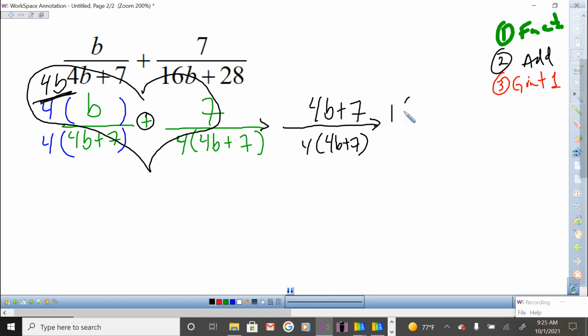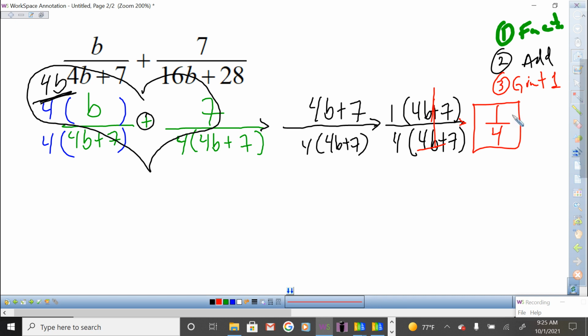So I'm going to write 1 times 4b plus 7. And why do we do that? So like your noodle can actually identify it. Now is it easy to see, is that correct? Yes, Mr. Q. So there's a giant 1, and we end up with 1/4. And that's already simplified. And have you got that by yourself? Okay, good.